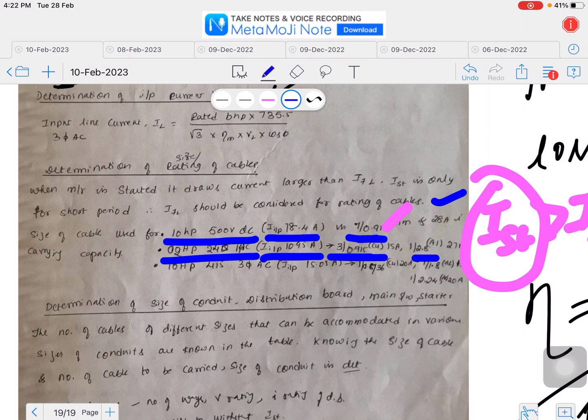Now consider a 3-phase AC motor of 10 HP, 415 volts. Calculate the current, suppose the input current is around 15 amps. Using the table and the input current, locate the cable size for that particular motor, whether copper or aluminum, according to the requirement.